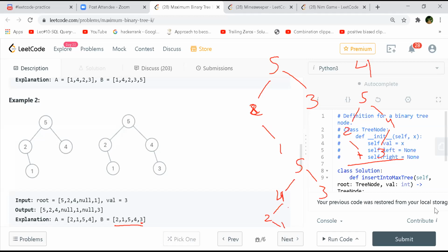You cannot go on the left side. When you hit a leaf, then only you make that node, and then you adjust your left subtree accordingly.